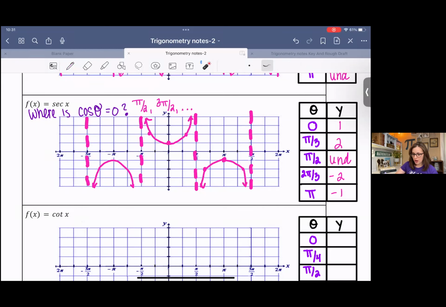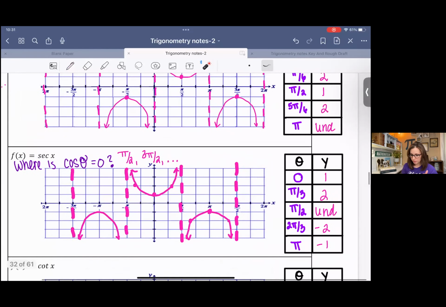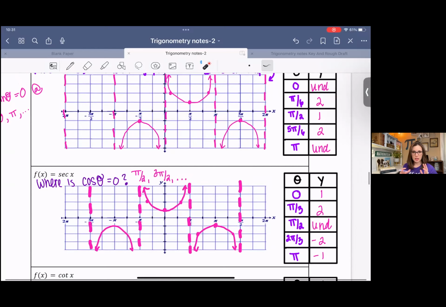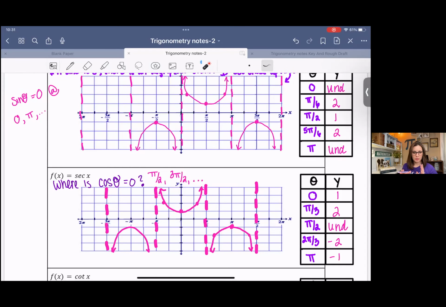So in the last example, I had just picked values for one little piece. And for this one, I was thinking it might be better to do 2 pieces to get a better idea for that pattern. And then if we compare cosecant to secant, we can see, if we were to look at the graph of cosine, it follows this kind of wave pattern like that.